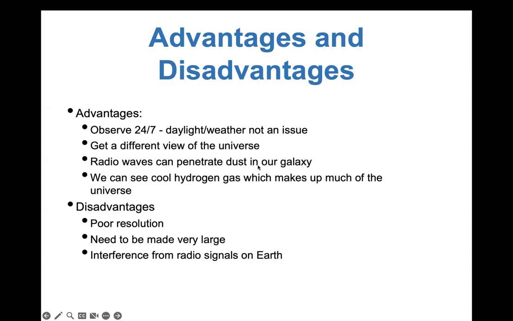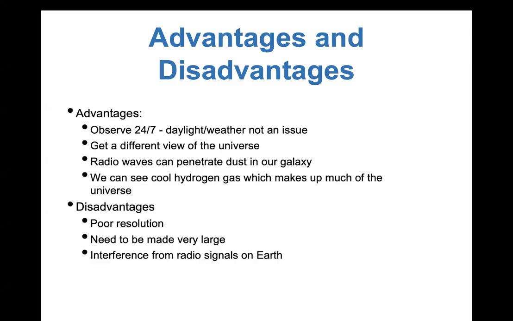They can easily penetrate dust in our galaxy, so that is actually why they were discovered coming from the galactic center, and we'd never seen anything else coming from the galactic center because up until that time in the 1930s, if any astronomer turned a visible light telescope in the direction of the center of the galaxy, they didn't see anything. They just saw a dark region, right? When we look at the Milky Way, it's this cloud across the sky, right?